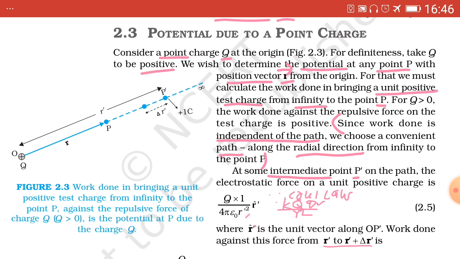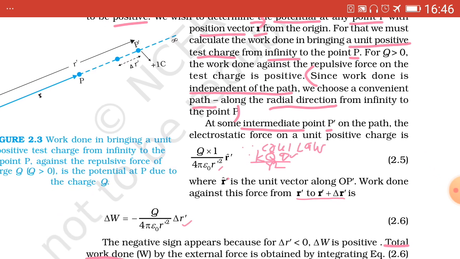And the electrostatic force on a unit positive charge will be given by capital Q upon 4 pi epsilon 0 r dash square into r dash hat. Now r dash square, because for the intermediate point P dash, the distance from O to P dash is denoted by r dash, and this comes from Coulomb's law.